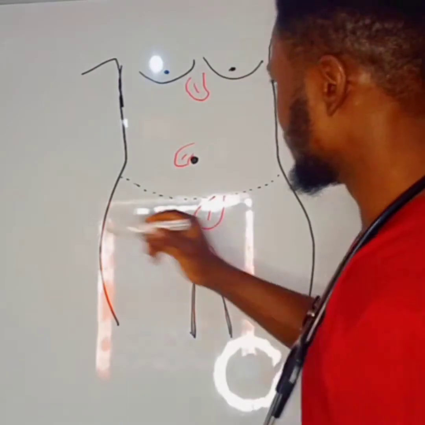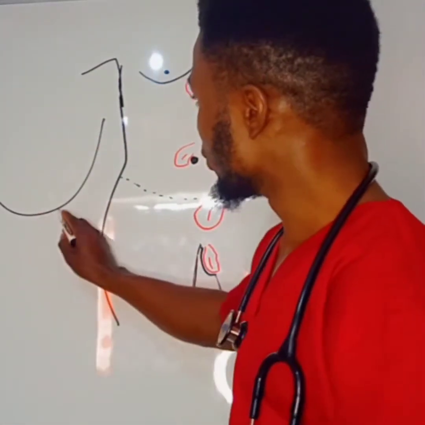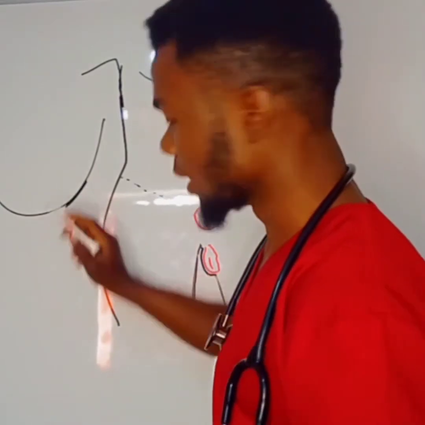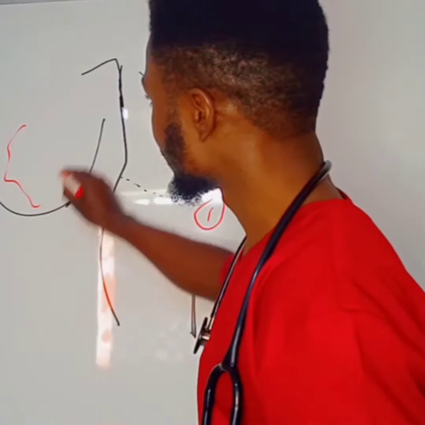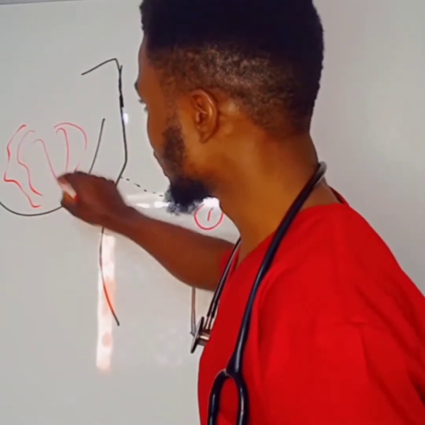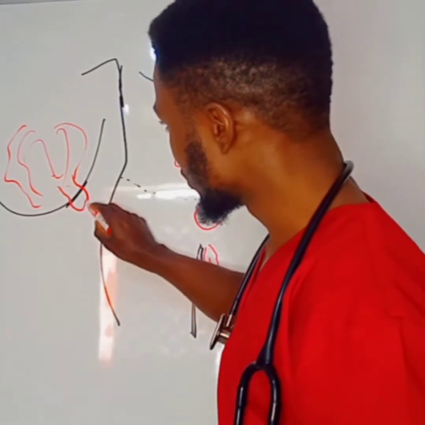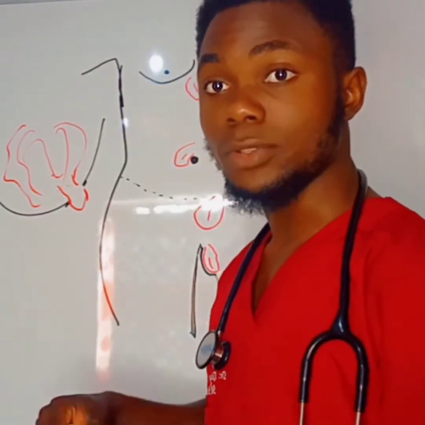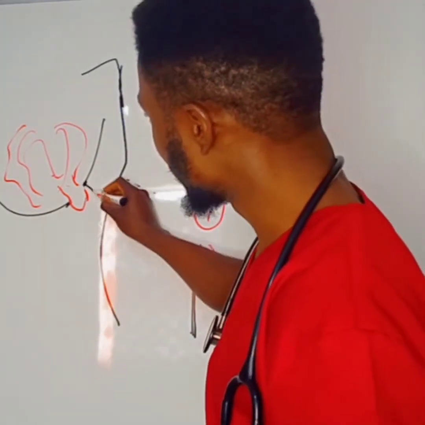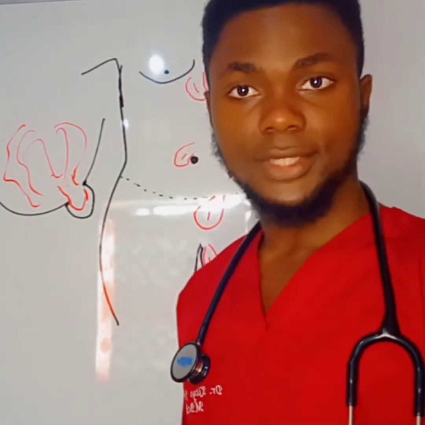When you get a weak spot, for example here, part of the small intestines will escape and pass through this opening. On the outside, the skin is going to form a bulge. That's what we call a herniation.